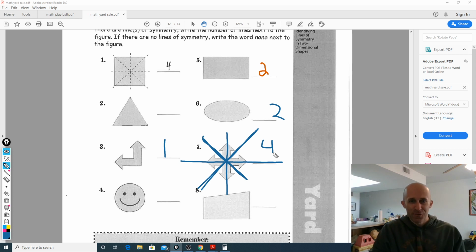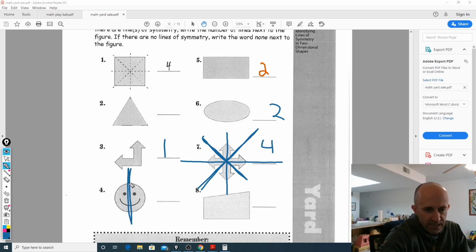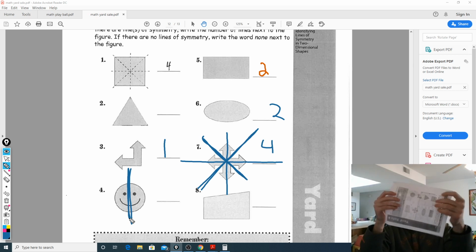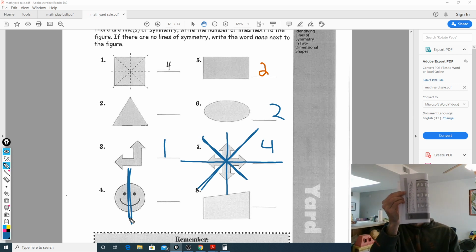I'm saving the triangle for the last one because the triangle is kind of a fun one. So four lines of symmetry for number seven. When you look at number four, the little smiley face, it only has one line of symmetry. If you folded that smiley face over, would it overlap the other side perfectly?